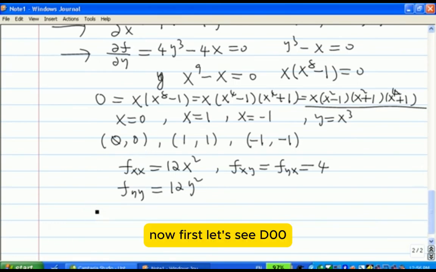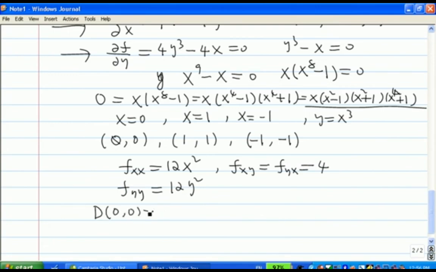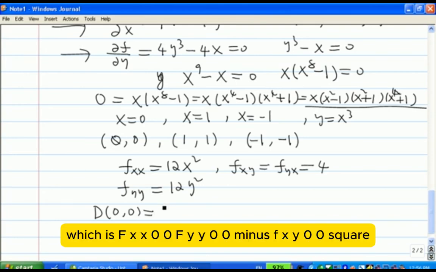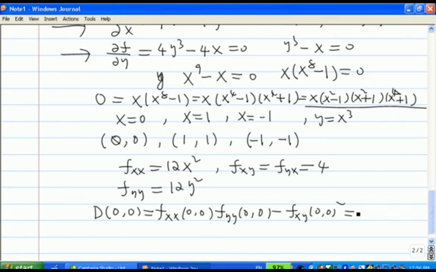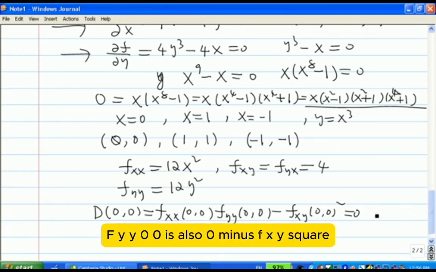Okay, now first let's see D(0,0), which is fxx(0,0) times fyy(0,0) minus fxy(0,0) squared. Okay, fxx(0,0) is 0. fyy(0,0) is also 0.